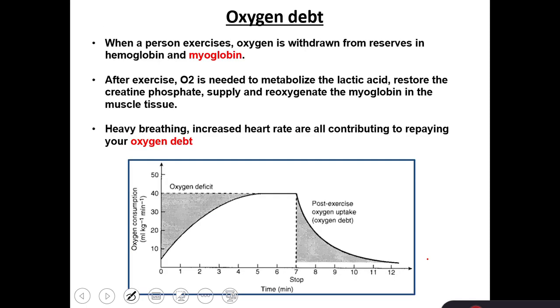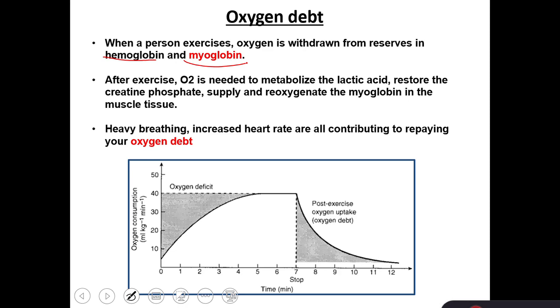What is oxygen debt? When you do exercise, oxygen is withdrawn from its reserves in the hemoglobin that is found in the blood, and it carries oxygen, and myoglobin. Myoglobins are the molecules inside our skeletal muscles that store oxygen. This oxygen is going to be used for the aerobic respiration.